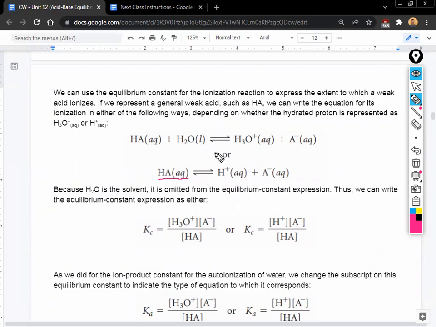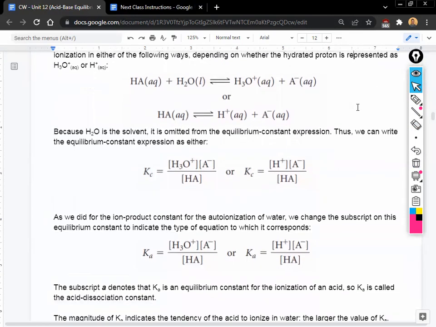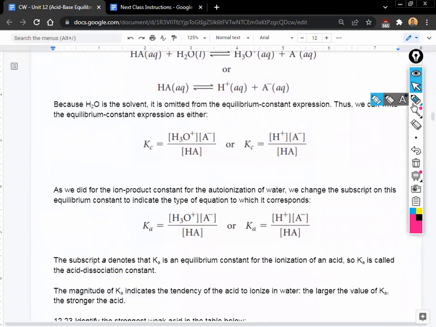And the amount that it breaks down is going to depend on the equilibrium constant. The equilibrium constant for an acid, instead of Kc, we use Ka. Same thing as usual: concentration of products divided by the concentration of the reactants.